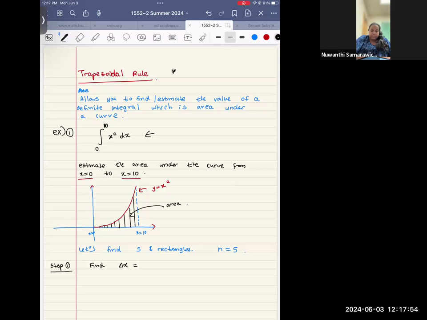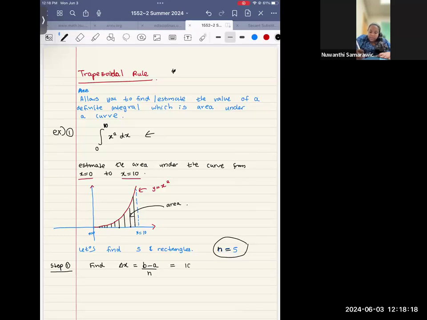So n is equal to 5. 2. Yes, very good. So how do we find the delta x? That is b minus a over n, like we did in the beginning of the class.